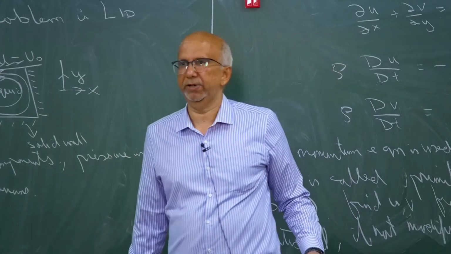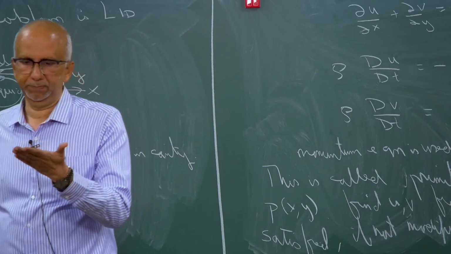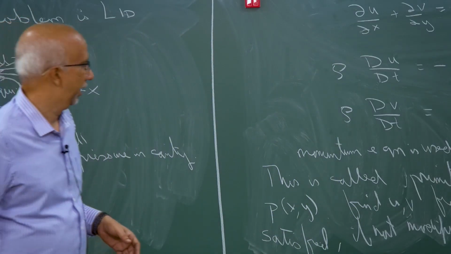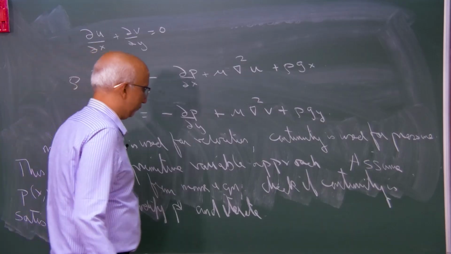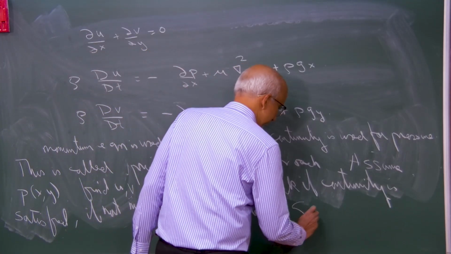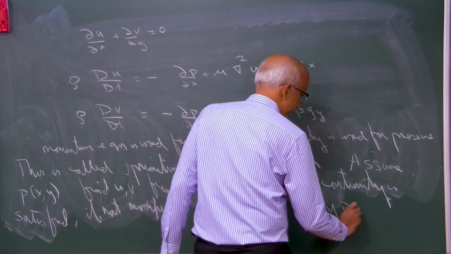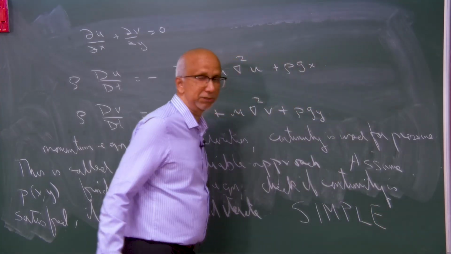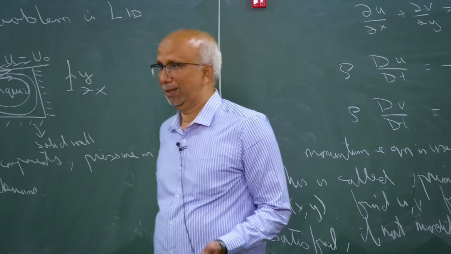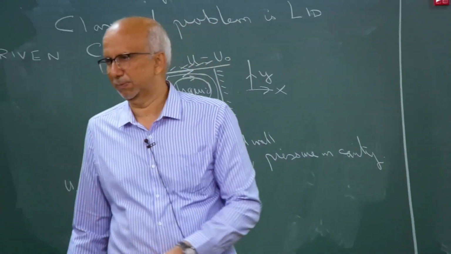So, again there is a very classical algorithm which does this, okay, and this algorithm is actually called SIMPLE, but it is not simple, okay, it is semi implicit something.